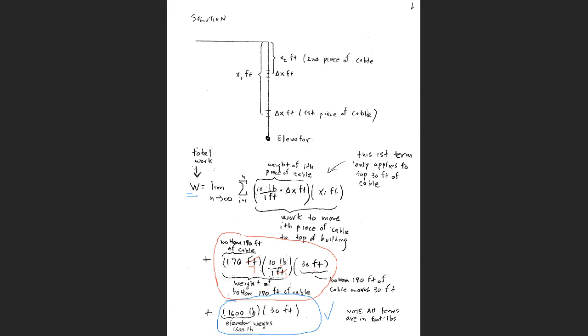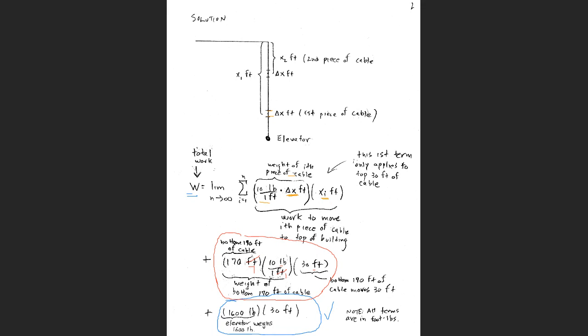But now, this is the more difficult part, the top 30 feet of cable. For the top 30 feet of cable, you can see from the picture that the ith piece of cable has a width of delta x. So delta x feet is the length of the ith piece of cable, and that piece weighs 10 pounds per foot, but you're moving it xi feet.